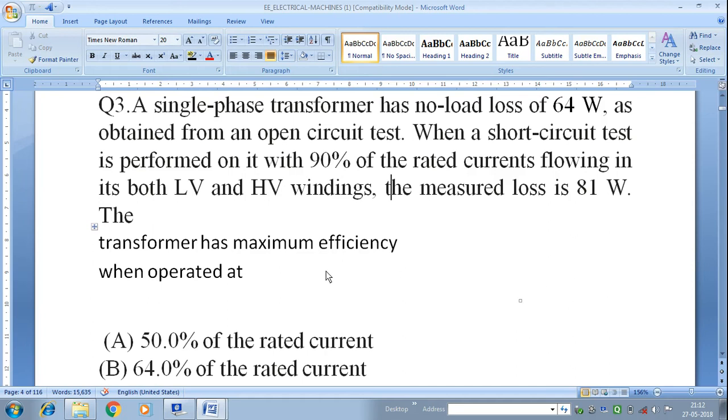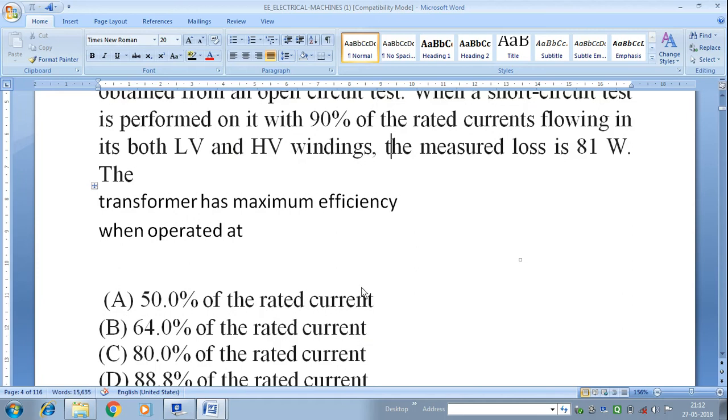Then the question is, the transformer has maximum efficiency when operated at how much percent of rated current?